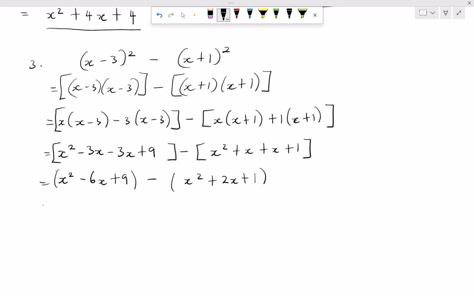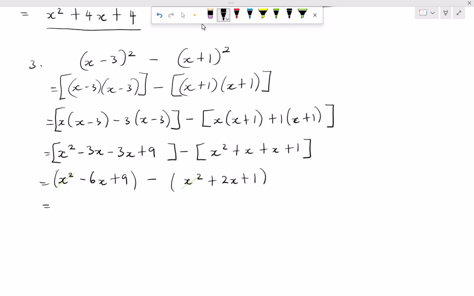Now we're going to group the like terms. So we have x squared minus x squared, so the x squared cancels out. And we're left with minus 6x minus plus 2x.